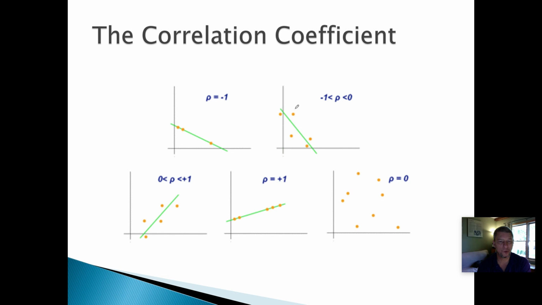On the next 2 graphs, on the bottom row, the first 2 both show positive correlations. And you can see that in both of them, as x increases, the value of y increases as well. However, in the first one, the data are spread out a little bit, meaning that the correlation coefficient is somewhere between 0 and +1. In the middle one, all 5 of the data points are linear.